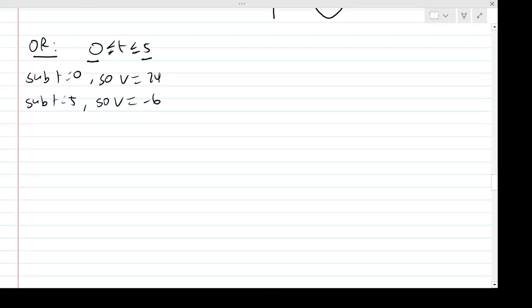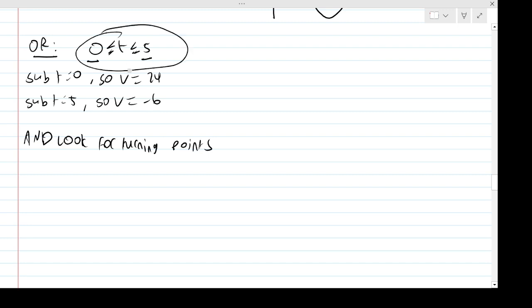But I'm subbing my endpoints, and then I also want to consider any turning points, because remember the turning points, if you looked at differentiation, that could contain a maximum or minimum point. So then I'm going to look for turning points. So that's the idea with these questions. You want to sub in the endpoints for a certain range of values. So 0 and 5 are the endpoints, right?